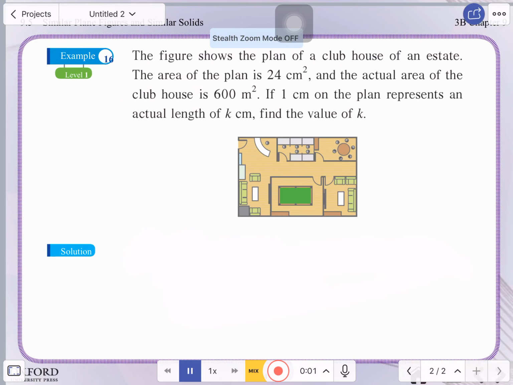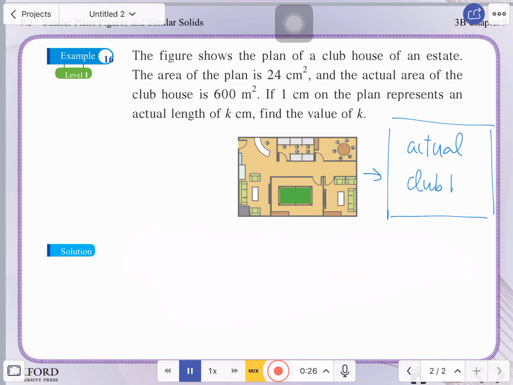In question 16, we try to find the relationship between the plan of a clubhouse and the actual clubhouse. You can think of the plan in the middle. It is a representation of the actual clubhouse.